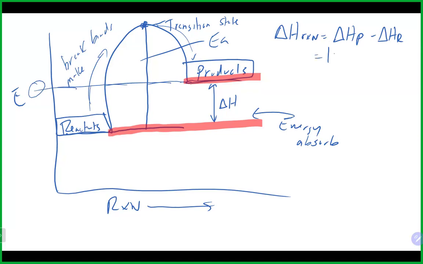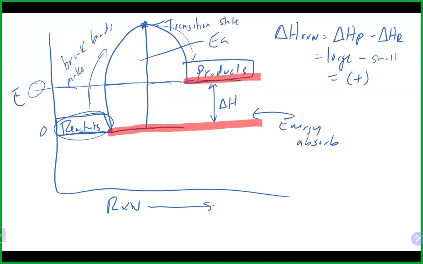So you're going to take a large number minus our reactants, which are lower in energy, and that is what turns your delta H into a positive number. So again, that is a very common way, as I mentioned, that energy is displayed for a reaction in chemistry: the delta H value.